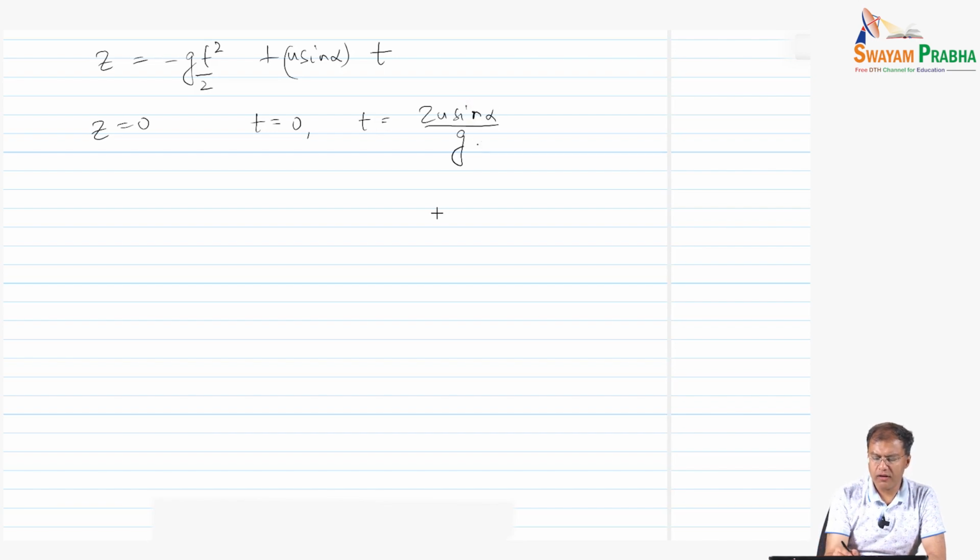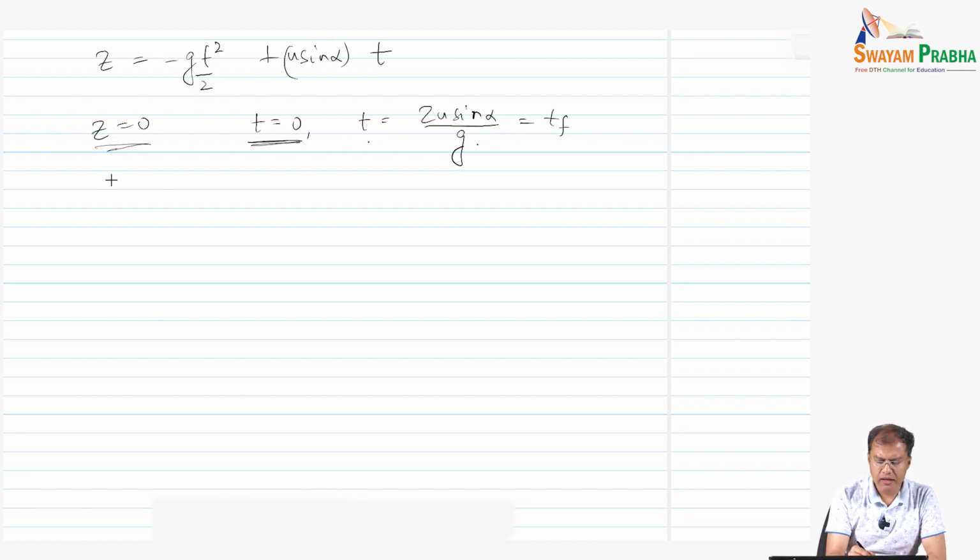And of course the height is 0 at two times, that is initially when t is equal to 0, and after time t equal to 2u sin alpha by g. So this is my time of flight, the total time it takes for the projectile to complete its journey.